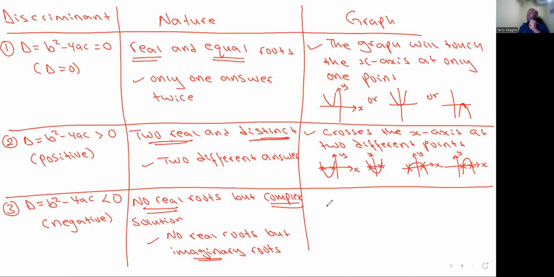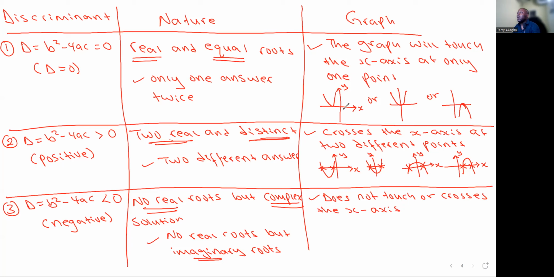Okay. But when you now try to draw the graph for when it's less than 0, you will notice that it does not touch or cross the x-axis, but it's either entirely above or below. So that means basically it does not touch or cross the x-axis.